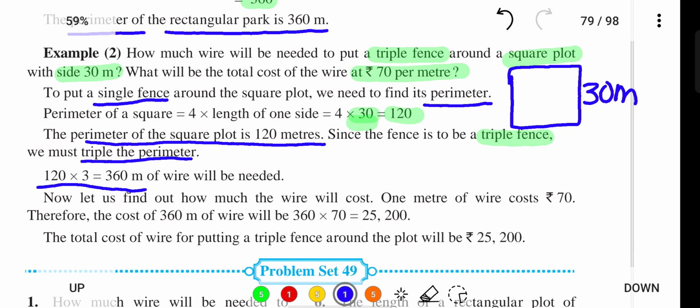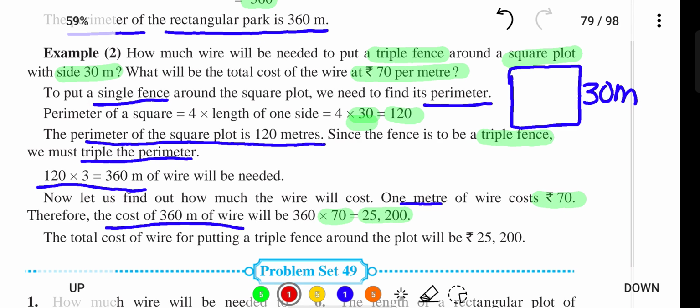Now let us find out how much the wire will cost. 1 meter of wire costs rupees 70. Therefore, the cost of 360 meter of wire will be 360 multiplied by 70, and multiplying it we get 25,200.